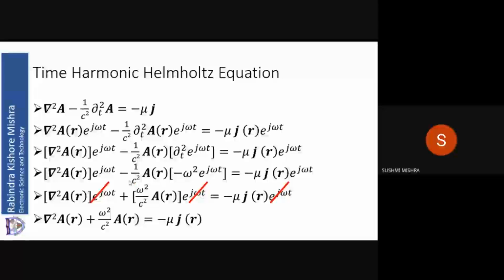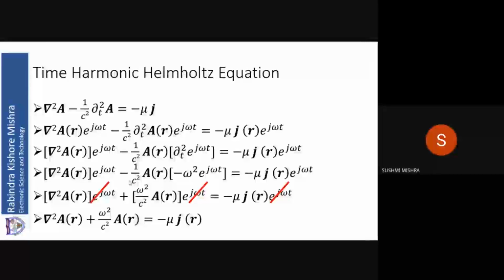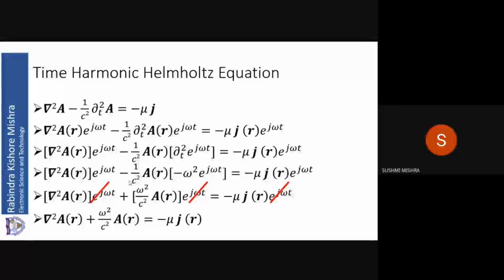So our Helmholtz equation in the frequency domain, or for a time harmonic condition, has been satisfied in this equation, and it becomes much simpler than considering the time domain condition. We have to solve this equation.